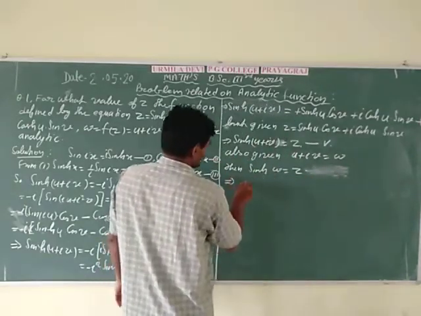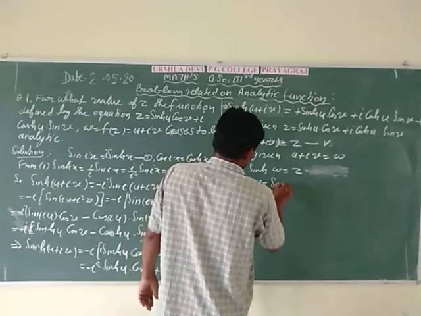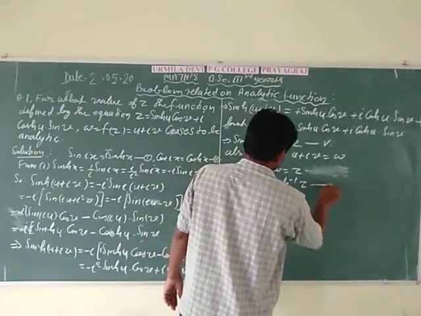It implies w is equal to sin hyperbolic inverse z, equation 6.